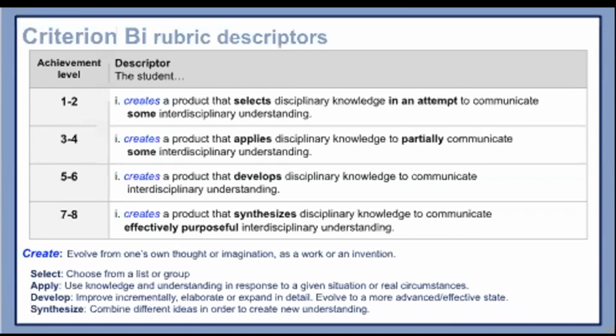The other bold terms, in an attempt, some, partially, effectively, purposeful, those all refer to the quality of the communication of the student's interdisciplinary understanding. Does this product communicate, bring together, and share interdisciplinary understanding? Well, they try to, they do some, they partially do it, or they effectively and purposefully do it. That clarifies the levels.